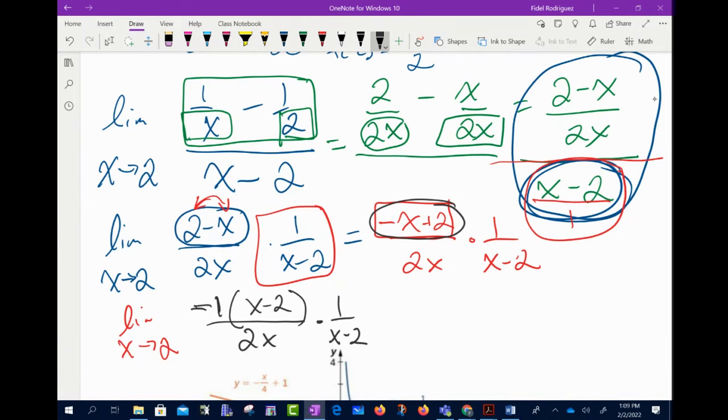So here's my negative. Here's my x minus 2. Let me ask you a question. Is this x minus 2 going to cancel with that one there? Did you still have a negative 1 on the top?